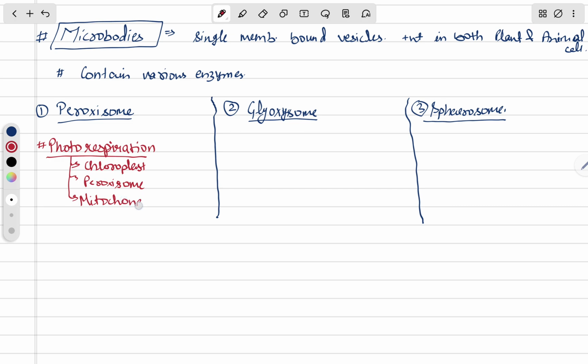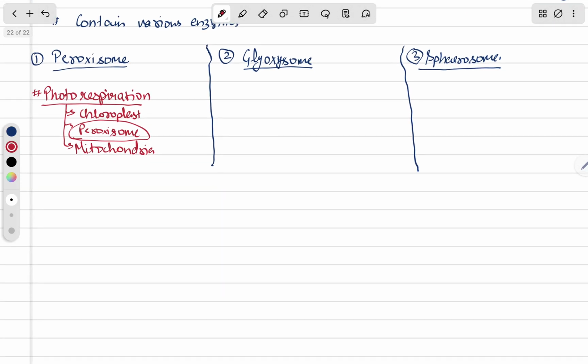So peroxisome is the central organelle involved in photorespiration, or this photorespiration is also termed the glycolate pathway. Now, what is photorespiration and in which plants does it take place?